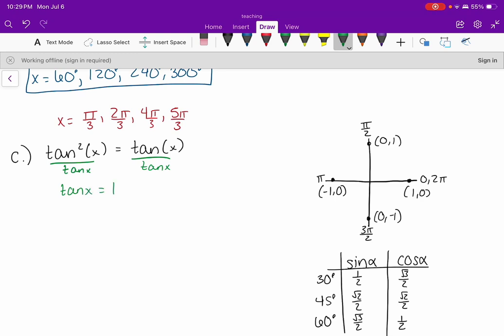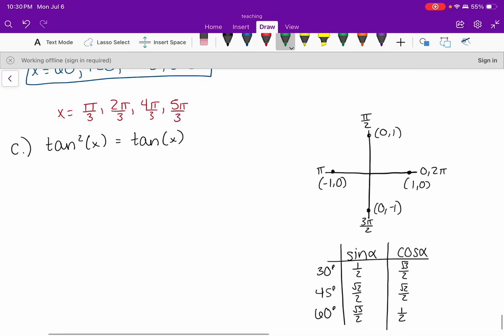You'll get partial credit. Like, you'll get part of your answers. You're going to get some of the correct answers, but you actually miss out on quite a bit of answers doing it this way. And it's because you really don't want to divide by a whole function like that, because you just miss out on some answers.